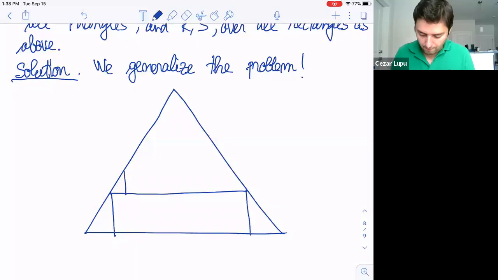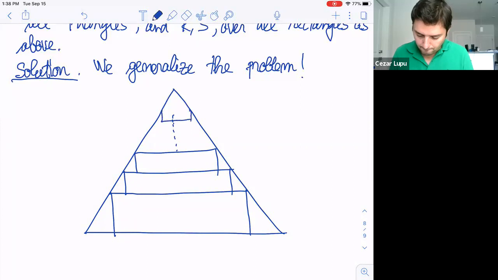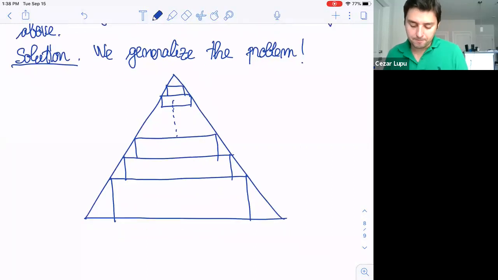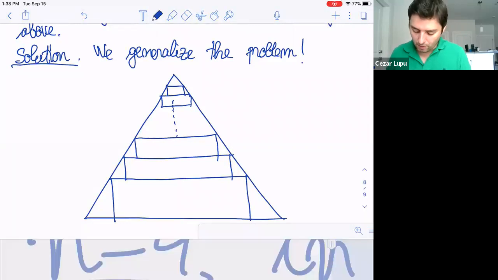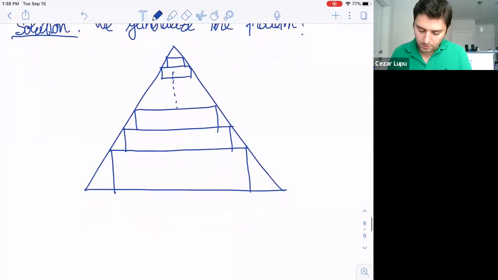Then I'm going to put another one. And I keep going. Okay, let me put here another one. And I keep going. Okay. All right. So this is R1. This is R2. This is R3. And we keep going. This will be R n minus 2. And this is R n minus 1.